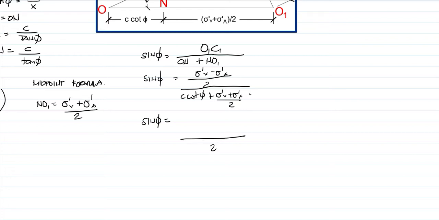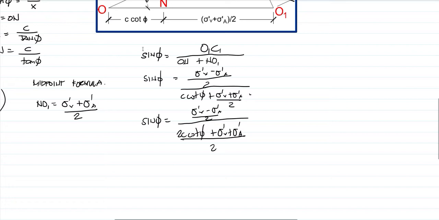So, 2 divided by 1 is 1 times C cotangent of phi, that is 2C cotangent of phi, plus 2 divided by 2 is 1, so times sigma prime B plus sigma prime A, so that is sigma prime B plus sigma prime A. Then, yung numerator natin will retain as sigma prime B minus sigma prime A over 2.